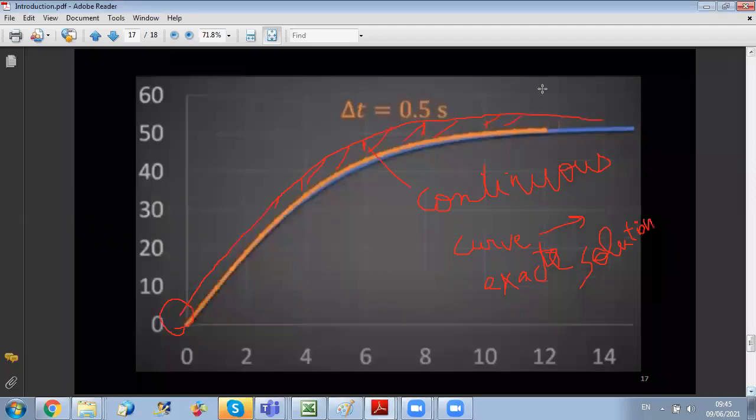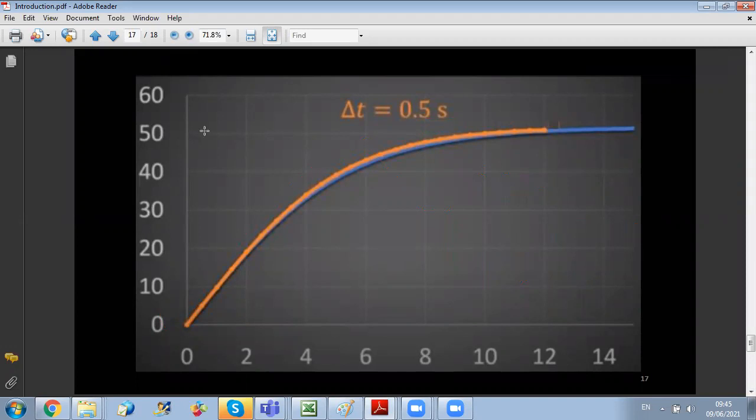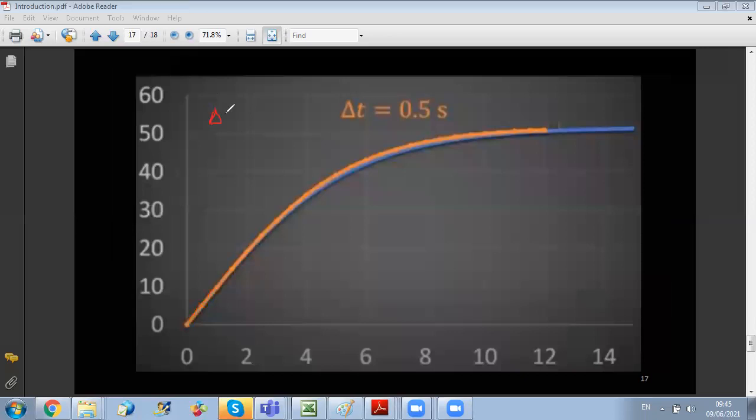So let us take now delta t equals 0.5. In this case, we will have to do calculations at 24 points. So the number of points compared to delta t equals 2 is multiplied by 4 because delta t is divided by 4. From 2 to 0.5, I divided by 4.